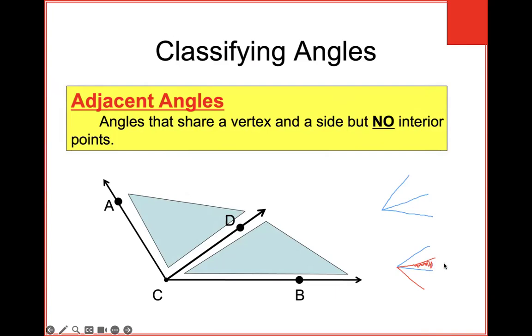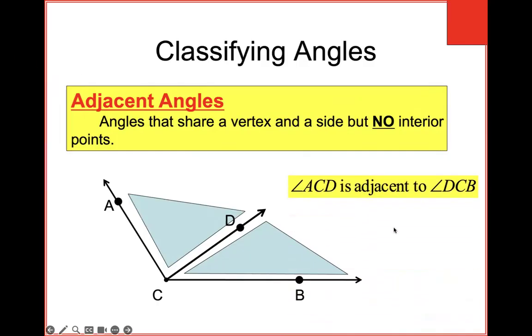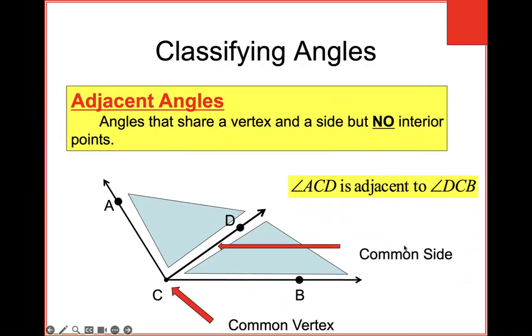So I like to say if two angles overlap, they're not adjacent. For two angles to be adjacent, they must share a vertex and a common side. Hopefully that makes sense. If not, ask me the next time that I see you, or give me a better explanation of adjacent angles. Okay, so we could say that ACD is adjacent to angle DCB. Makes sense? Good. Common side, common vertex.